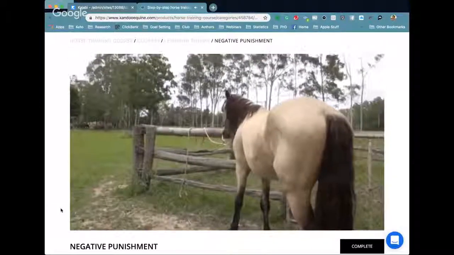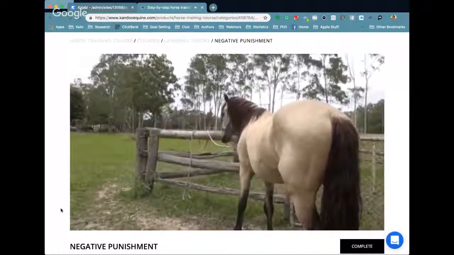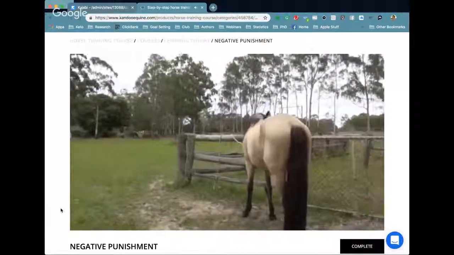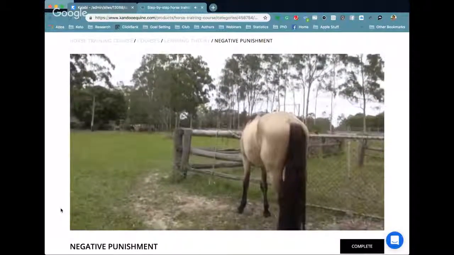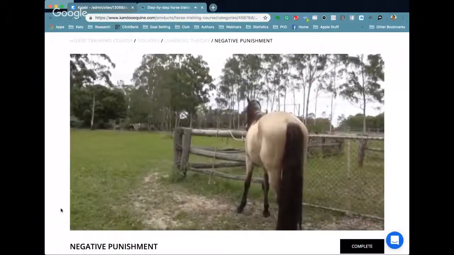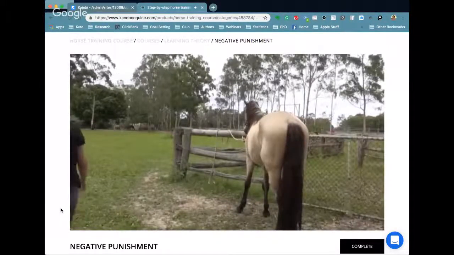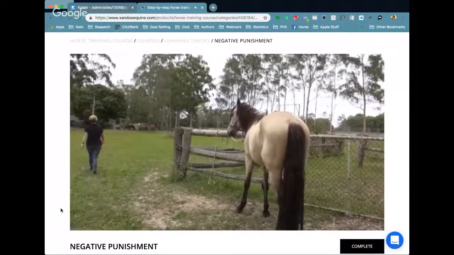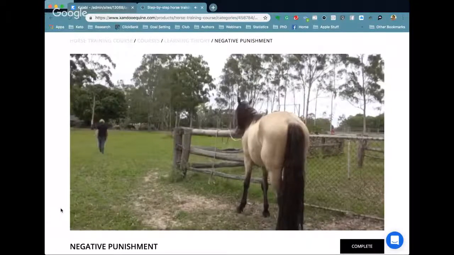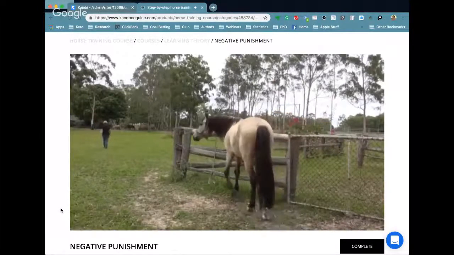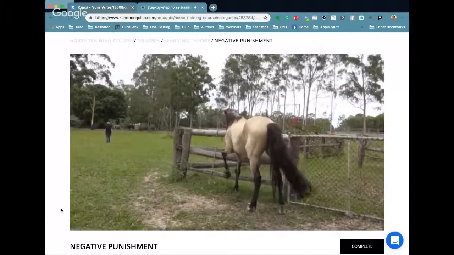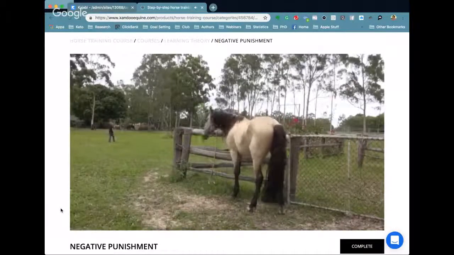So he's starting to get agitated. That's something I really never want him to do, is he's pulling a little bit on the lead there. You know, he's walked backwards a couple of steps, and you'll see in a sec when I start to leave too, he gets increasingly agitated. So, you know, it's a mistake to think the horse is ever going to teach itself anything you want it to know on its own.